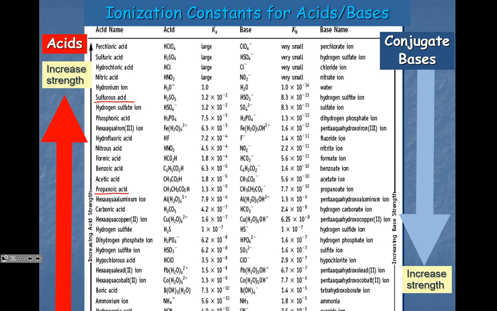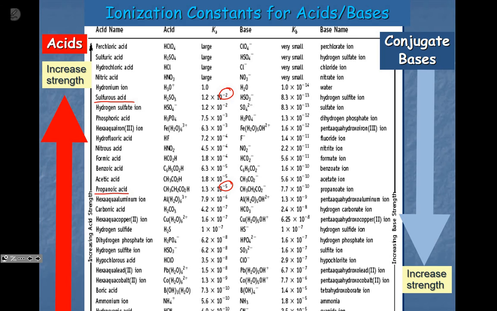Sulfurous acid. You can also look at the exponents. The smaller the exponent, the bigger the acid, as far as strength. The closer I get in the exponents to 14, the smaller the amount I have of acid.